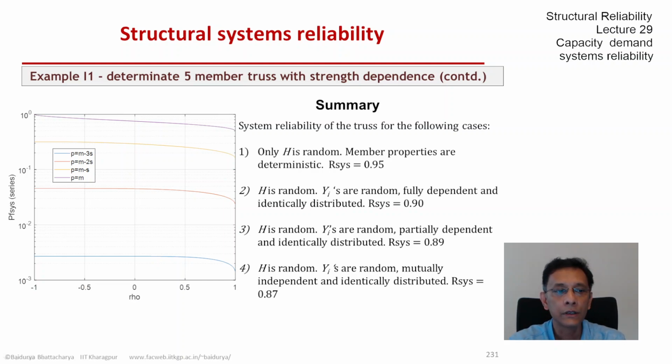Here on this graph, you see rho on the x-axis, and as we saw in all those 4 cases of different load magnitudes, as dependence increases, system PFSIS goes down, so reliability goes up, and as we go towards independence, PFSIS goes up, which means reliability goes down. And this is exactly what we saw in the case of this truss as well.